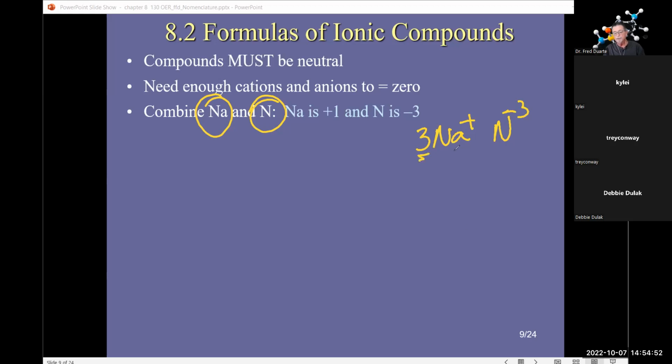This 3 in front of the sodium ion becomes the subscript for sodium. So when I write the formula out, it would be Na subscript 3 N, and that would be the name sodium nitride, not sodium nitrogen, because it is not the element nitrogen. It is the ion of nitrogen.